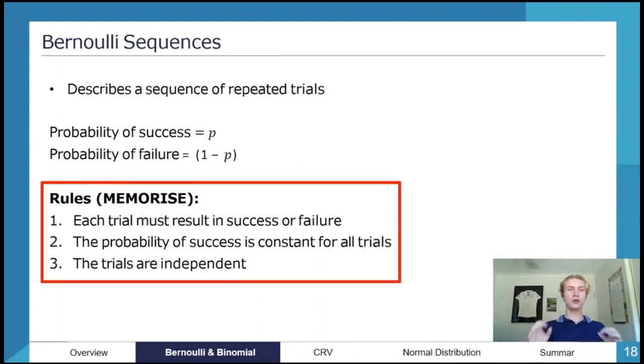Bernoulli sequences. So we've talked about discrete values. We've talked about continuous. We've talked about how to find the means and the standard deviations via the variances. And I've also described to you how you would find the probability for each of those.